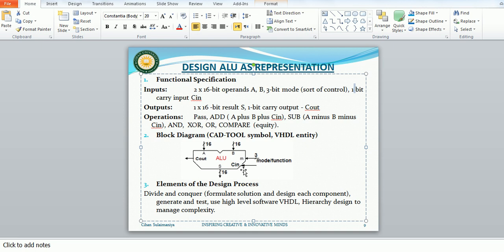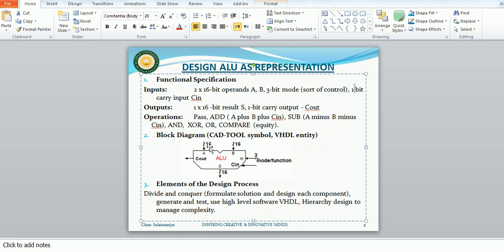For the output, you do need the summation output, which should be the same hexadecimal 16 if you have 16-bit input, so this is 16-bit. And you have cout in case you add two numbers and there is a carry. So I draw the arithmetic logic unit.